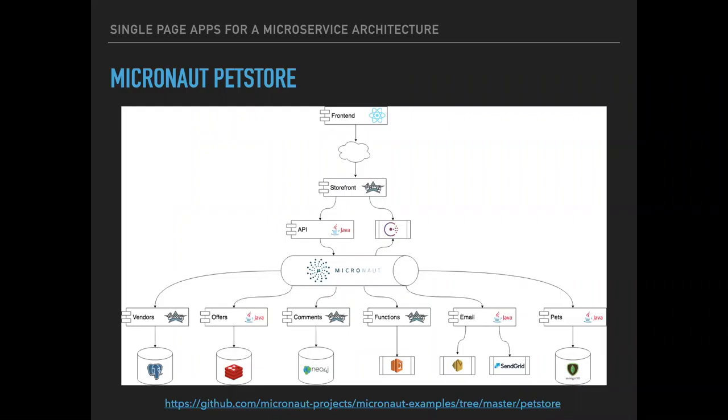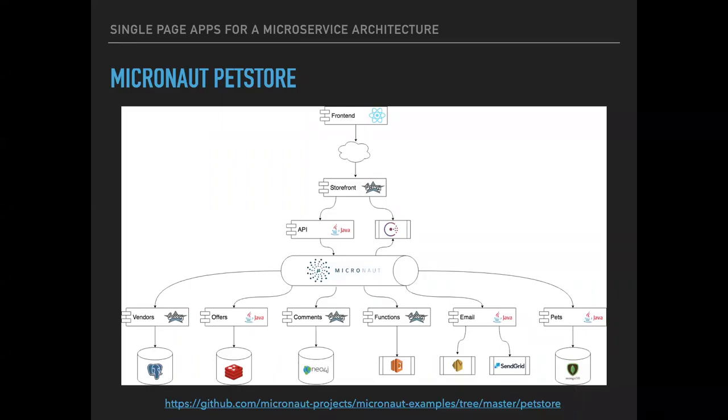So we're going to look at some demo code real shortly, but I wanted to point out that we do have a more involved demo that does actually use this API gateway pattern, and that is the Micronaut Pet Store project. So please check that out. You can see the GitHub repo at the bottom. This is also a cool demo because it has services that are implemented in different languages and using different persistence strategies.